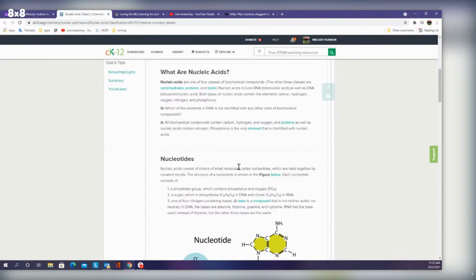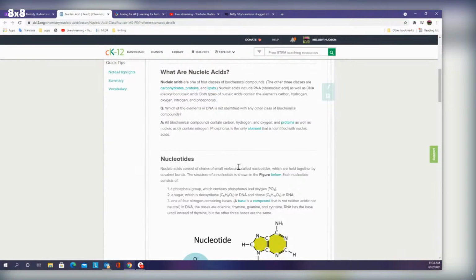Nucleic acids contain RNA, which is ribonucleic acid, as well as DNA, which is deoxyribonucleic acid. Both types of nucleic acids contain the elements carbon, hydrogen, oxygen, nitrogen, and phosphorus.